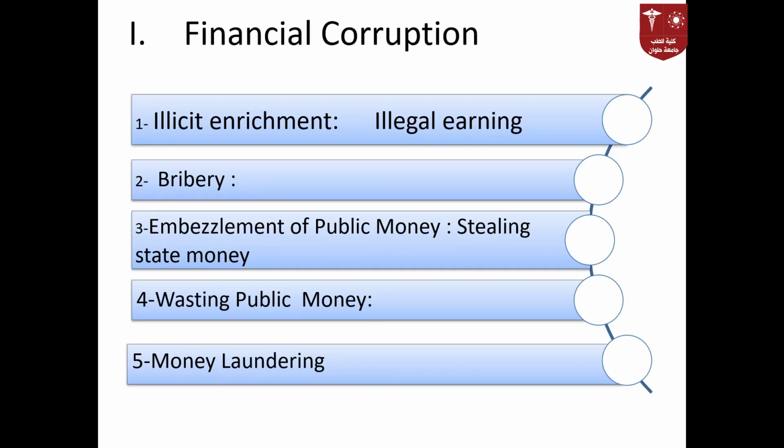First, financial corruption. Number 1, illicit enrichment, that's meaning illegal earning. Number 2, bribery. Number 3, embezzlement of public money. 4, wasting public money. 5, money laundering.